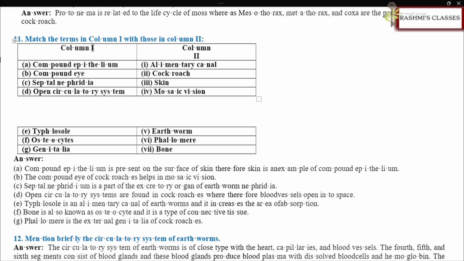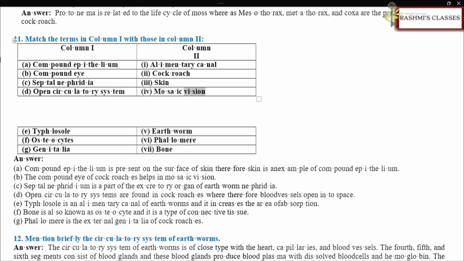Column 1: A. Compound epithelium, B. Compound eye, C. Septal nephridia, D. Open circulatory system, E. Typhlosole, F. Osteocytes, G. Phallomere. Column 2: 1. Alimentary canal, 2. Cockroach, 3. Skin, 4.